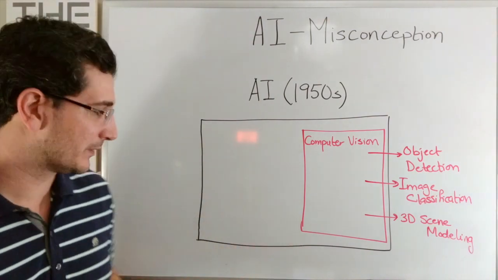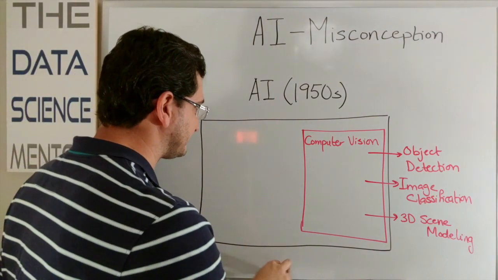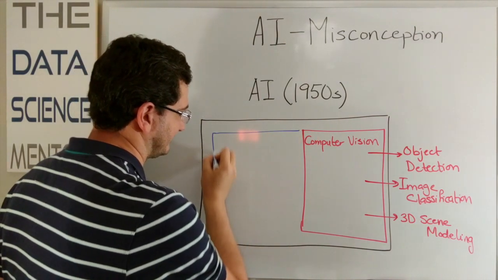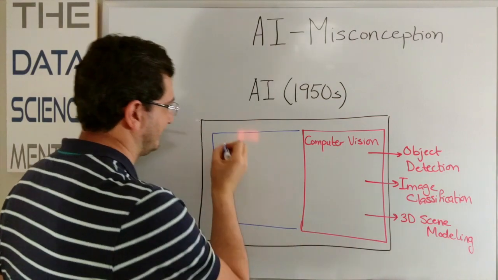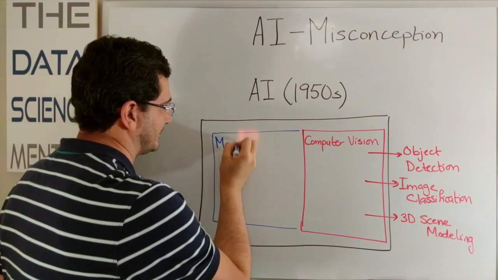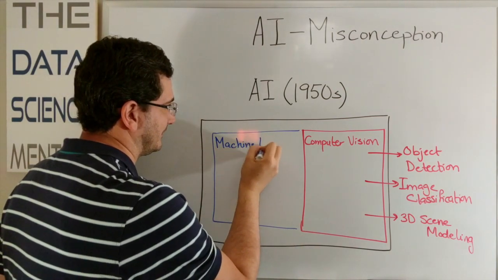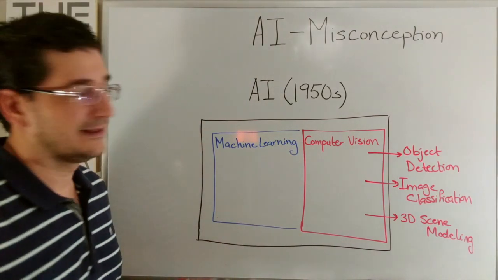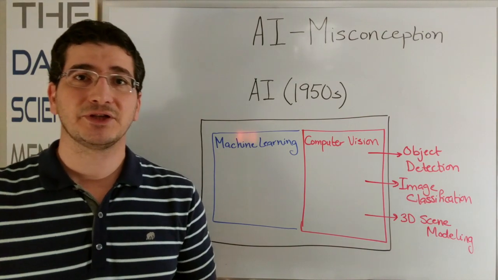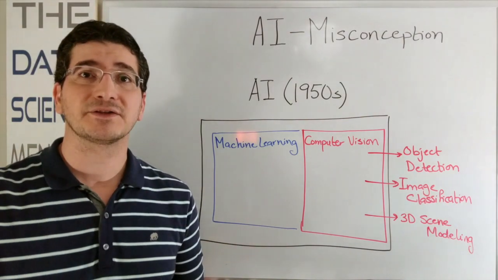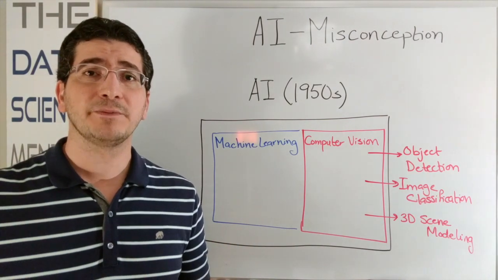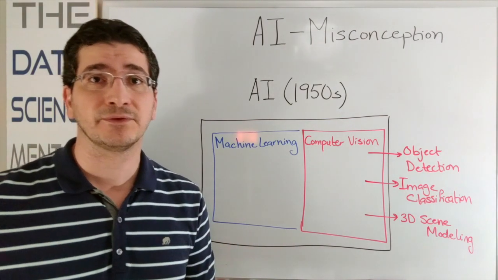So let me add it to the board. This is machine learning. And so just like computer vision, machine learning is another subset of AI and has developed over the years to now be composed of three main types of learning.